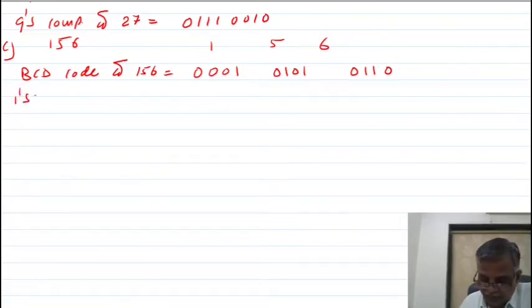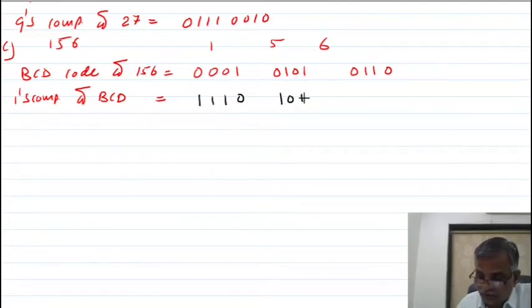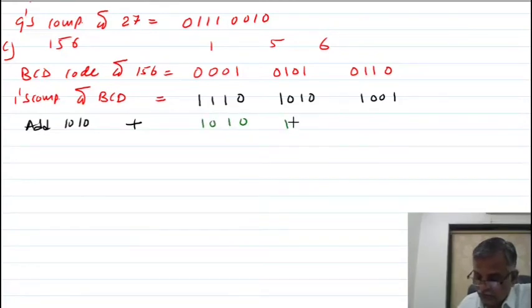First complement of BCD, so I'll get 1110 1010 1001. Add 1010. So I am adding this 1010 1010 1010 to 0110.